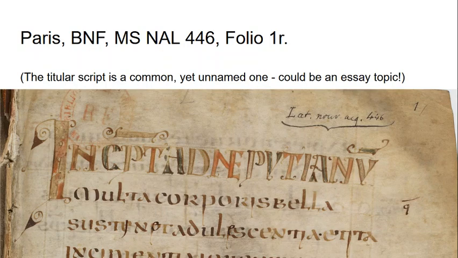It's very interesting, and I give this as an example because here in the third line, what was originally written was sustenet adolescentia, but some later scribes came through and corrected it to say sustinet adolescentia, and the corrections revert it to a classical Latin form, but the original scribe has written presumably the Vulgar Latin that they were hearing, which is not correct, basically. So you can see that process at work there.